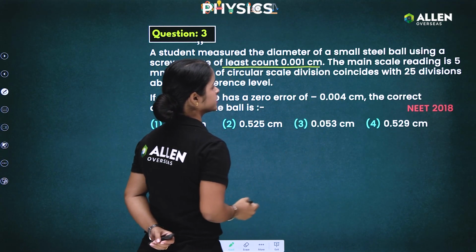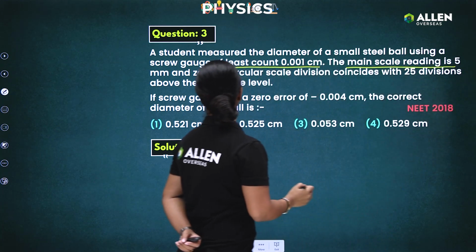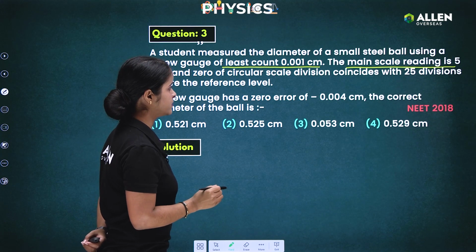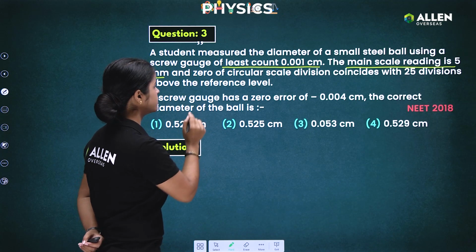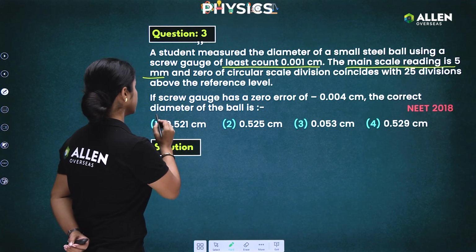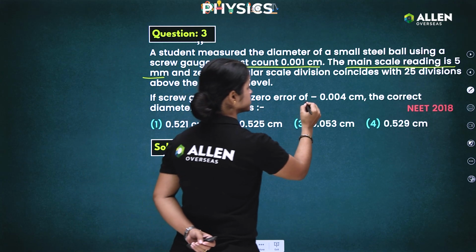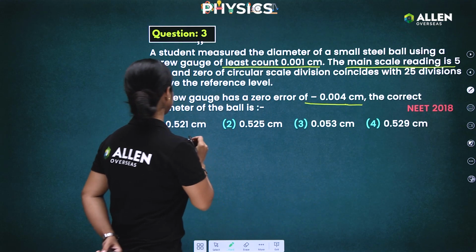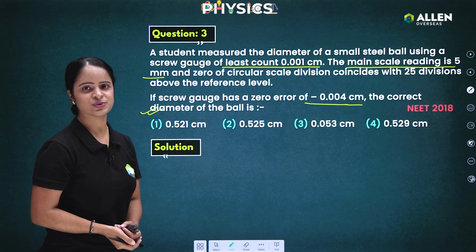The main scale reading is 5 mm and the 0 of circular scale division coincides with 25 division above the reference level. If the screw gauge has a zero error of minus 0.004 centimeter, the diameter of the ball is, and here we have 4 options also.